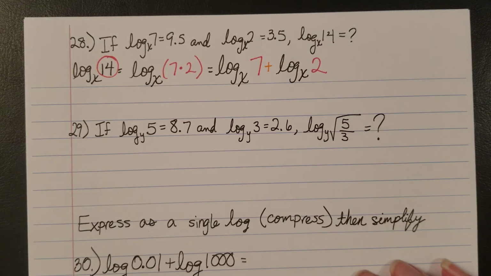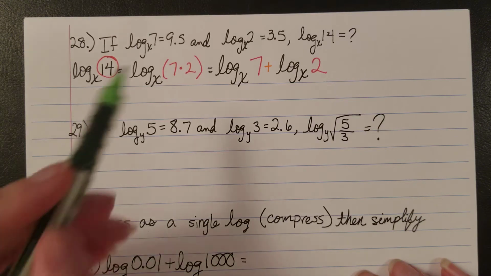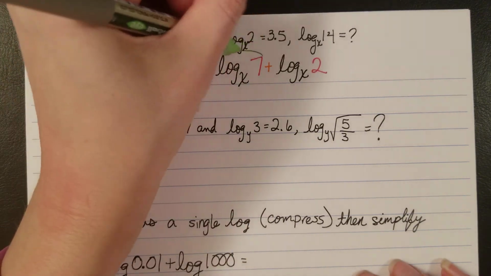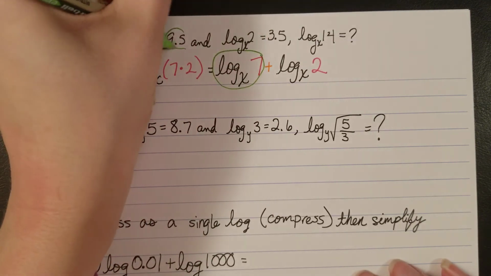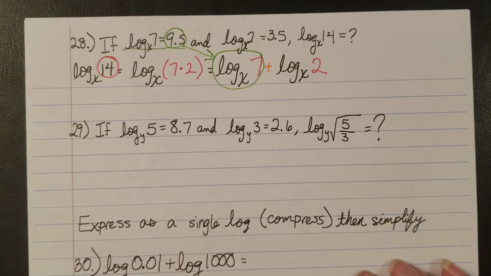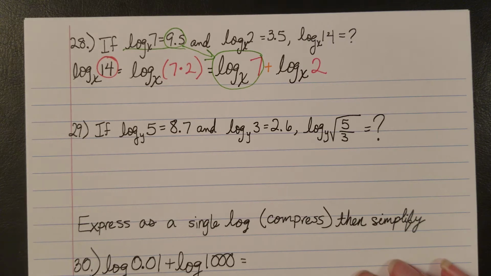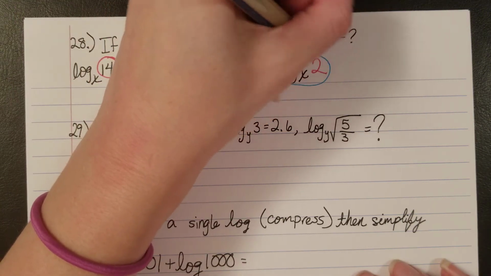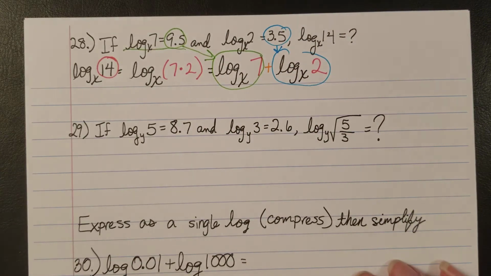Okay, and then we know from the information that was given that log base x of 7 is equal to 9.5, and we know that log base x of 2 is equal to 3.5. So we can just substitute that in there.